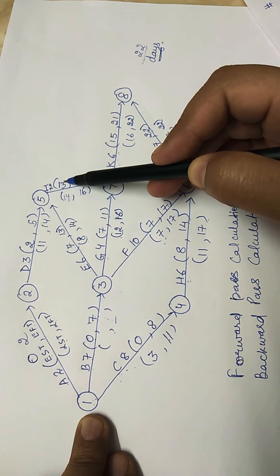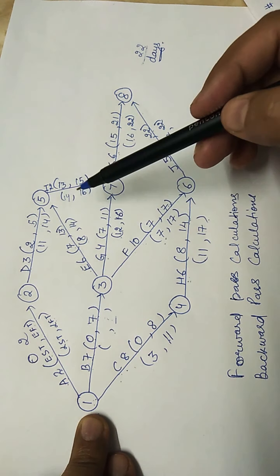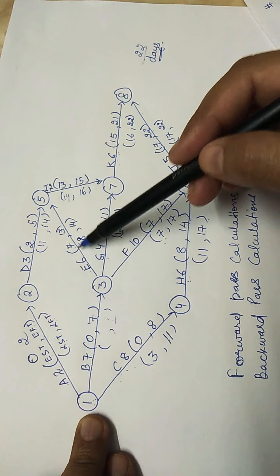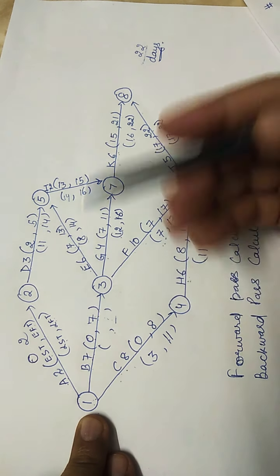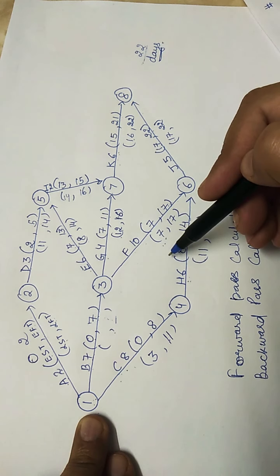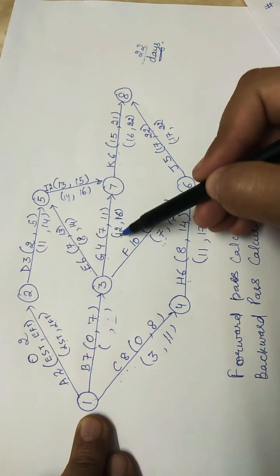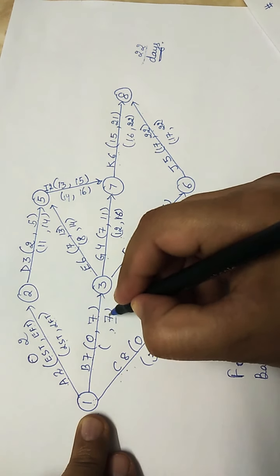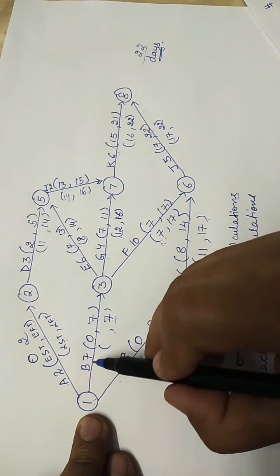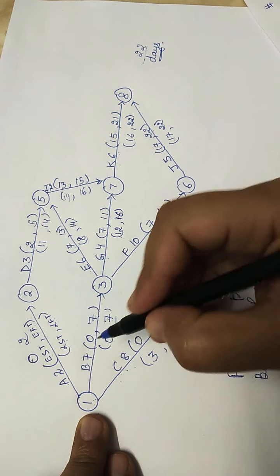So we will take the highest of it when we have to make a choice. But in case of backward pass calculation we take the least of the choices available. So we have three choices available, 8, 12 and 7. We will choose the least value, which is 7. So we will write 7, and 7 minus 7 is 0.